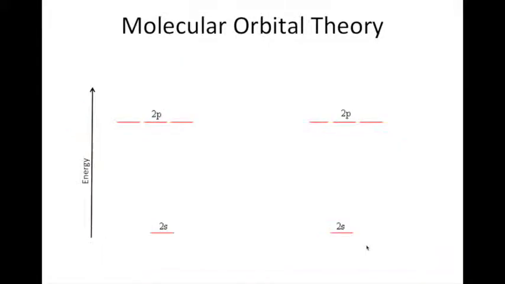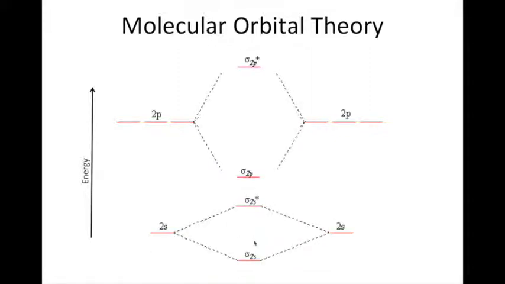Now, let's take a look at that in a little more detail. Say we were looking at O2 or F2 and we wanted to draw their molecular orbitals. We would start with our two s's. Next would come our two p orbitals. They would combine, and the lower energy here, we would start with the sigma 2p and the sigma star 2p, formed by the head-on overlap of the 2p.